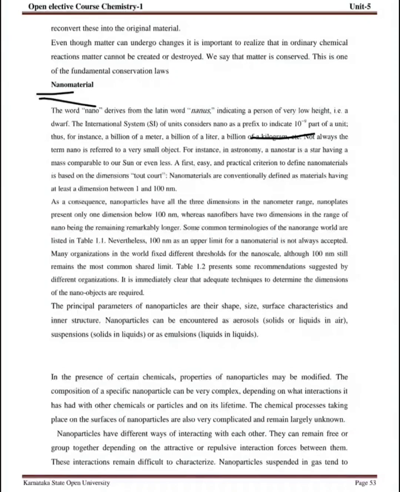And next are the principal parameters of nanoparticles. It mainly depends on the shape, size, surface, characterization and inner surface. It can be encoded by such as aerosols, solid in liquid, or liquid in liquid emulsion. For aerosols, you should know what aerosols are: substances kept under pressure and released as a free spray.